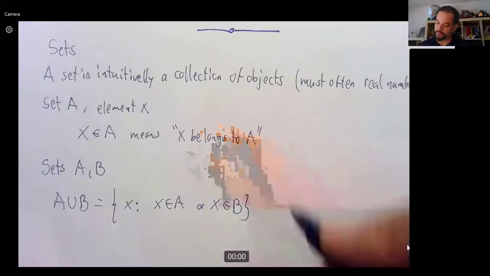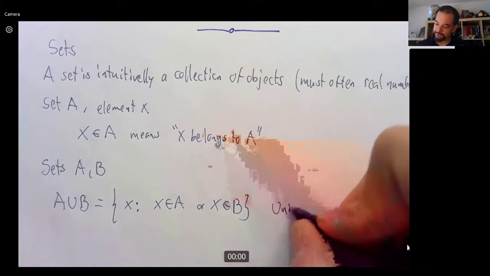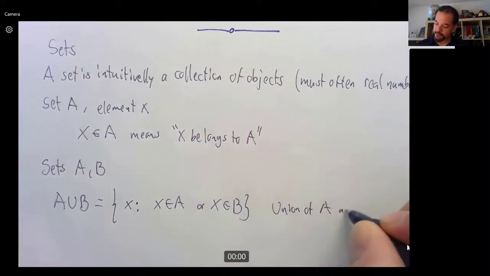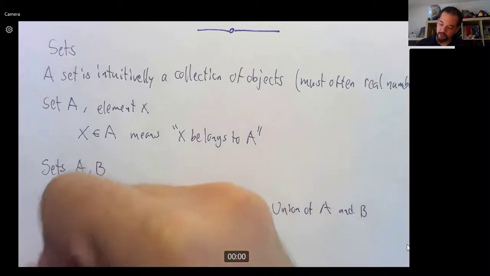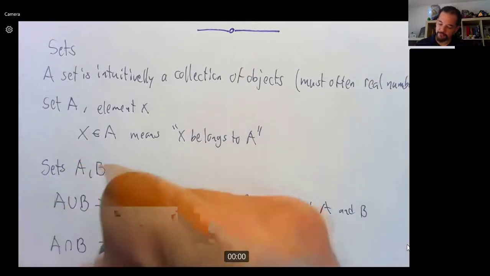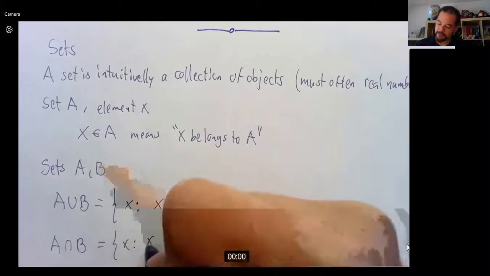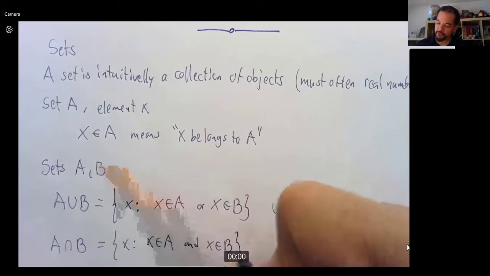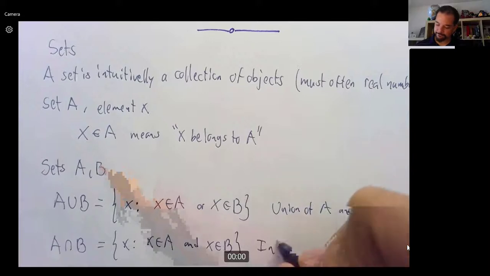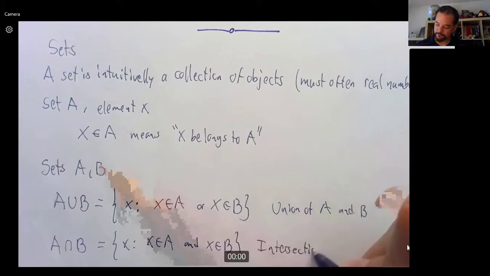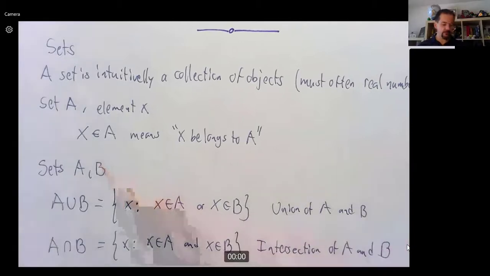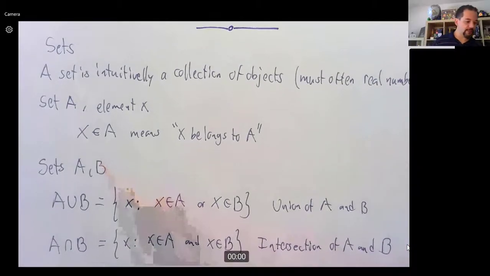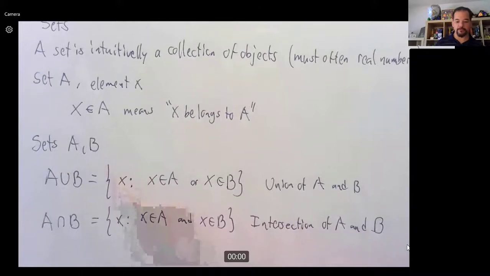This is the union of A and B. And we also have the intersection. And these are the elements that belong to A and B, that belong to both. Okay, so like I said, very, very basic.